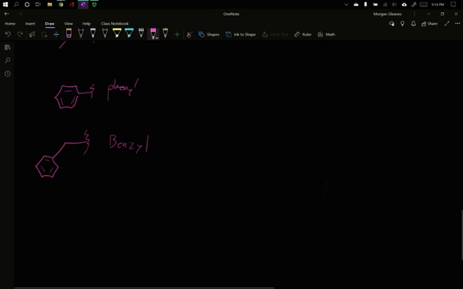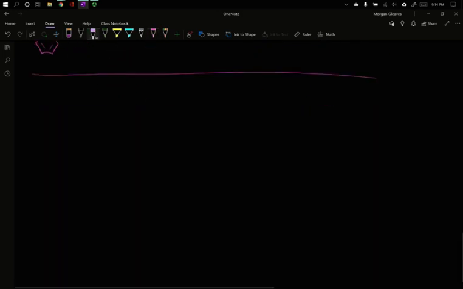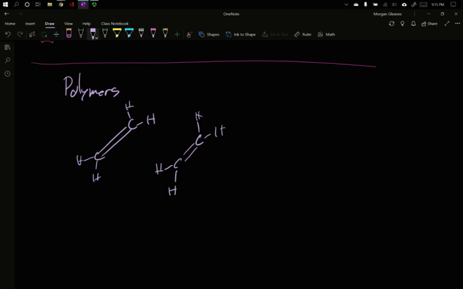There's one more odd carbon naming component I want to discuss, and that is polymers. Polymers are when you link carbons together. So let's write this out. If I have ethene and I have another ethene, what can happen is you can have various species, we'll just say R, they come in.